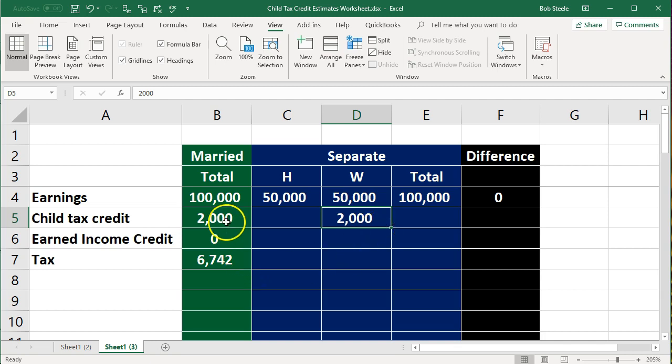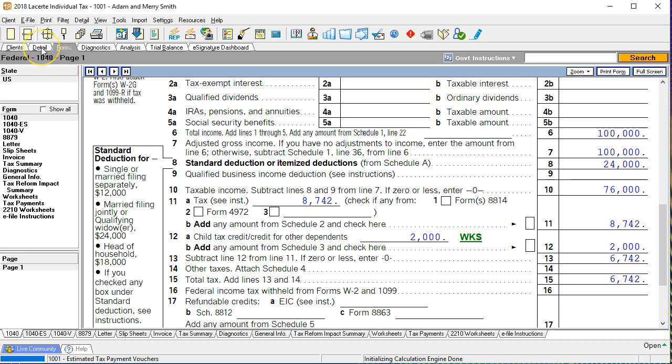Well, now we had one return before. Now we have two different returns and only one child. And the child, we're going to say, is on the wife's return. So let's see what happens then. If we go back to our scenario, we're going to say, all right, let's make the changes there.